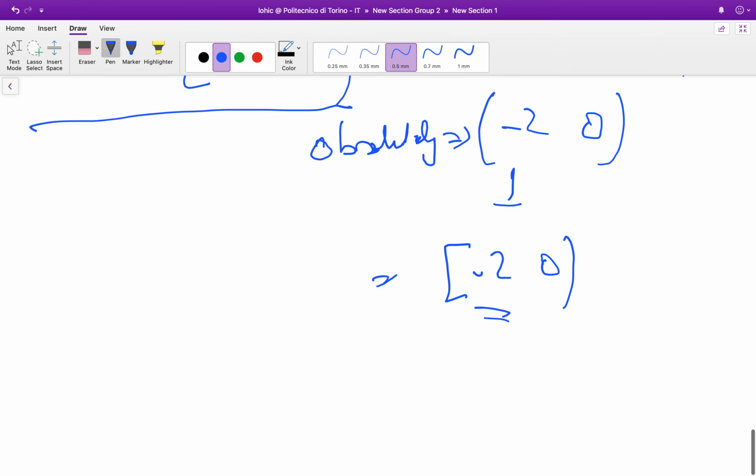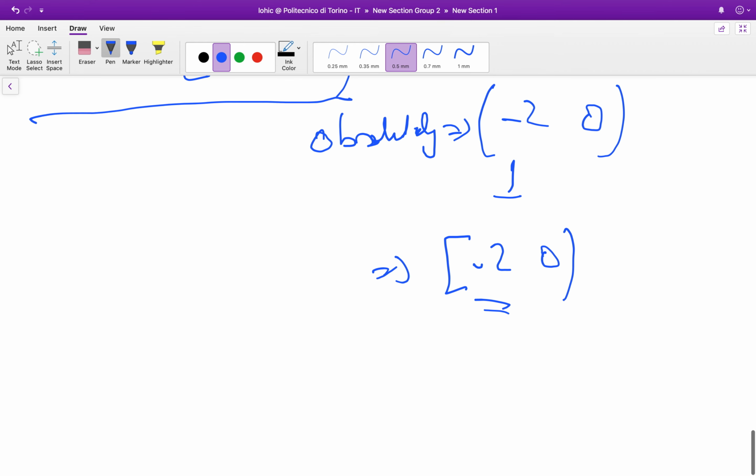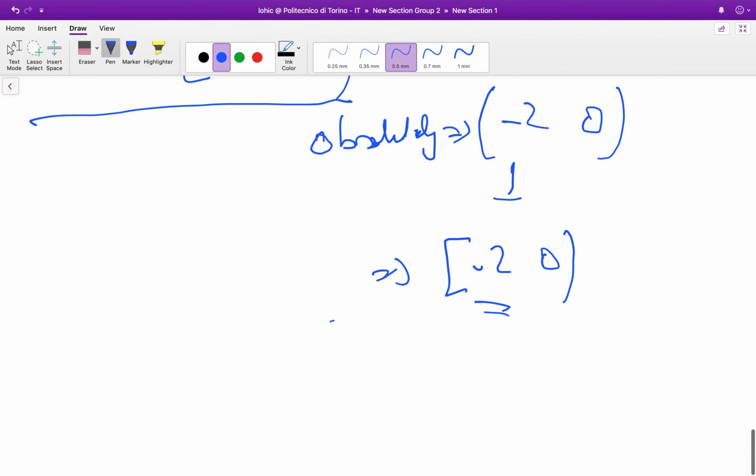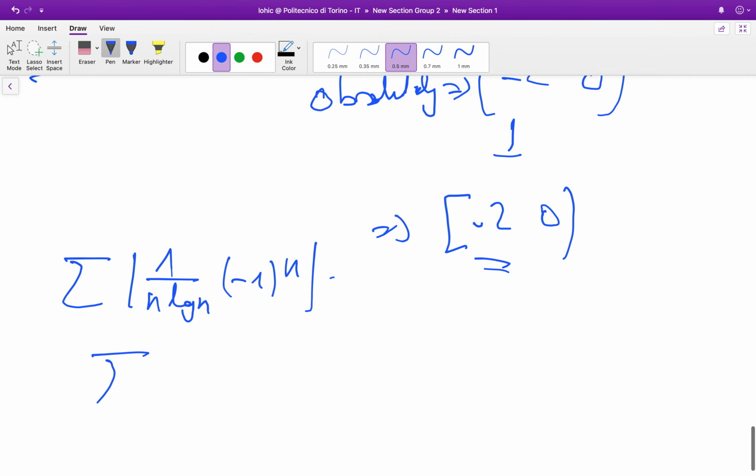But when we check at -2, we just saw that it converges. If you try to check the absolute convergence at -2, it will give you the series of the absolute value of 1 over n log n times (-1) to the power n, which is 1 over n log n multiplied by 1. But we know that it is divergent.